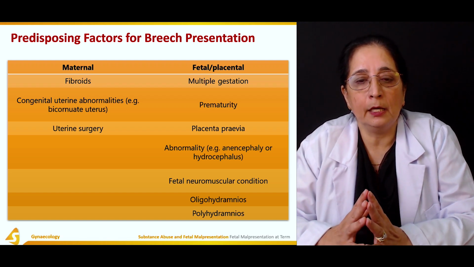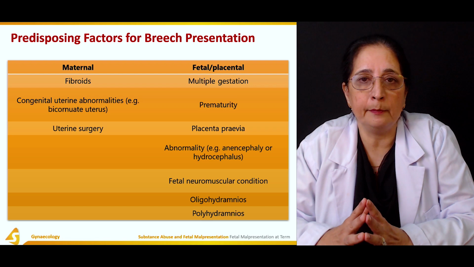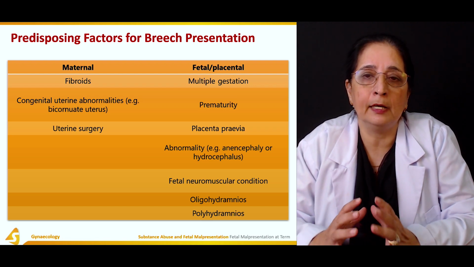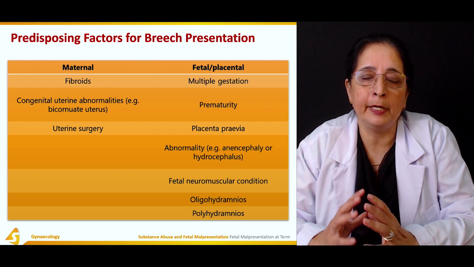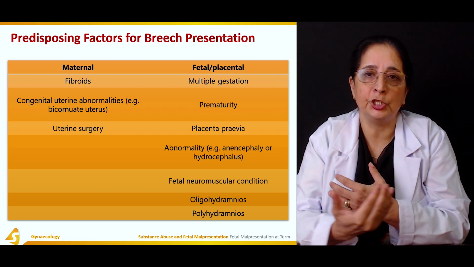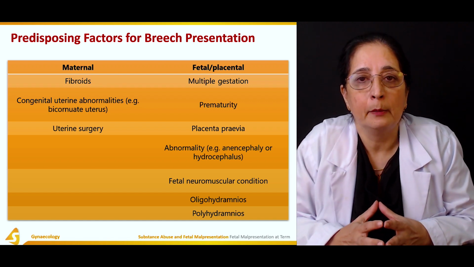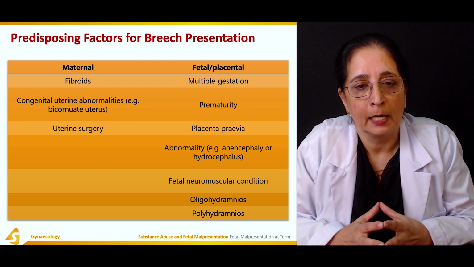So if fibroids are present in the mother, this can cause difficulty in the growth of the baby and difficulty in changing the position, so it can ultimately lead to breech presentation.